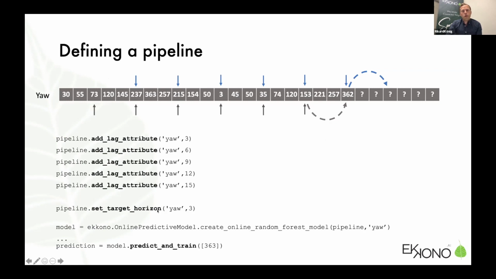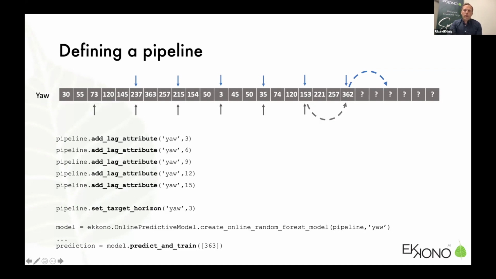You set the target horizon, that is how far you want to predict into the future. And then you can create your model with one line. You give the pipeline and what you want to predict. And doing the pre-processing, training the model and making a prediction is just done in one line. Here we add the new yaw that we know, and everything else will be calculated for you. So it's quite a neat way of handling this.